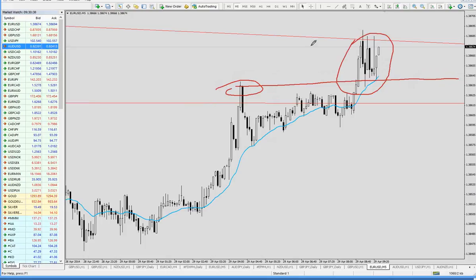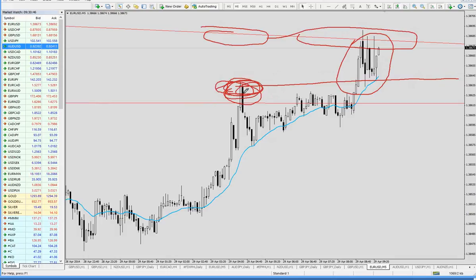On the bigger time frame, we have this line, this supply, right? So this level here is based on the 5-minute chart. We are based on the higher time frame, looking to find the best possible entry for our short, right? We don't have anything on the higher time frame here.